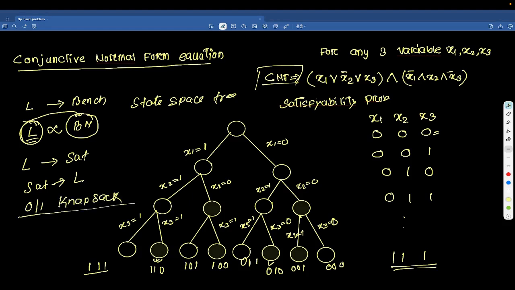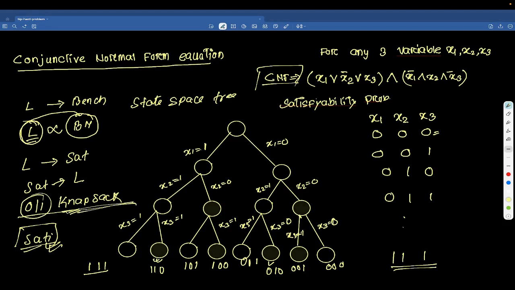We will try to transform the 0/1 knapsack problem into the satisfiability problem. If we can do that, then we'll consider that satisfiability and the 0/1 knapsack problem are equivalent or identical. That's why if we have a solution for the satisfiability problem, then we also have a solution for the 0/1 knapsack problem.